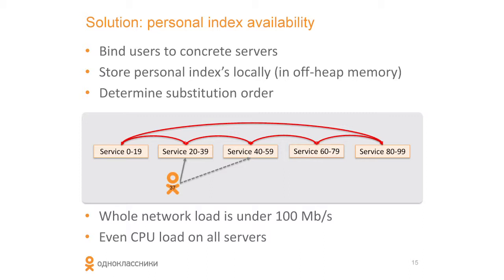Because there are a lot of these indexes, we use unsafe memory in Java and deserialize them into this memory to not hurt garbage collection. But what will happen if one of your servers comes down? We are a big site, we should provide high availability. So there is a determinate substitution order. If your server isn't available, you are forwarded to a concrete replacing server.